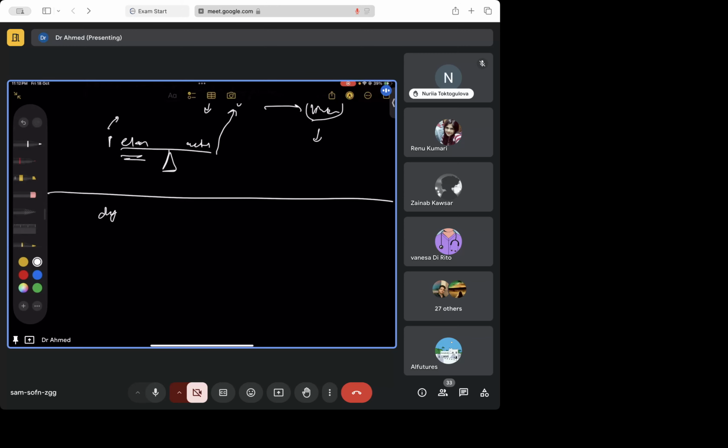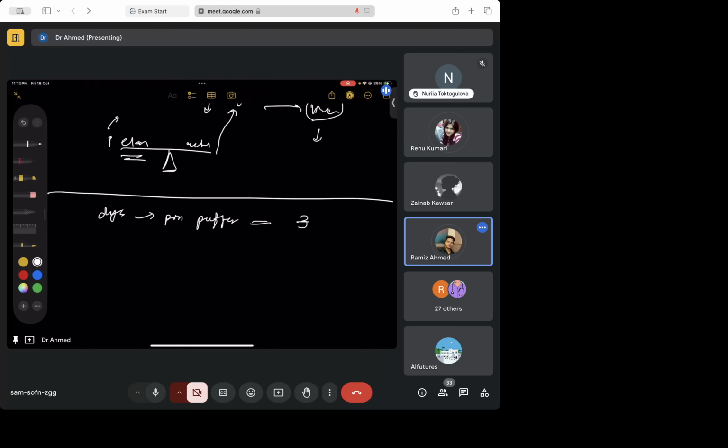Dyspnea. Why? It's still an obstructive disease. You're going to see less oxygen. They are pursed lips breathers, known as pink puffers. Why? They expire with their lips pursed.